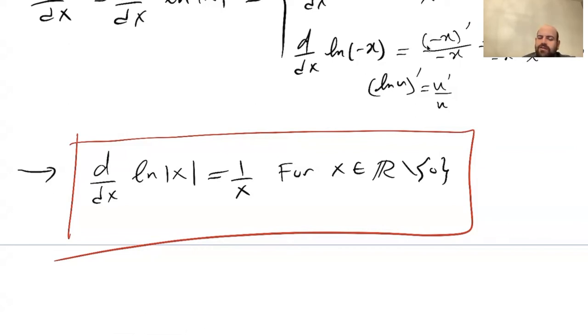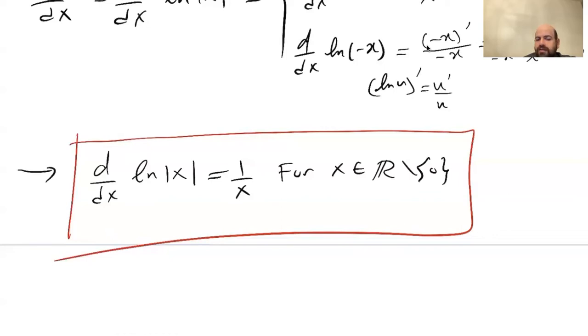Antiderivative of 1 over x means we are looking for a function whose derivative is 1 over x. You will learn this in Math 114, but I just want to tell you the idea here. So why do we say the antiderivative of 1 over x is ln of the absolute value of x? The reason is that ln of the absolute value of x has a bigger domain, right?